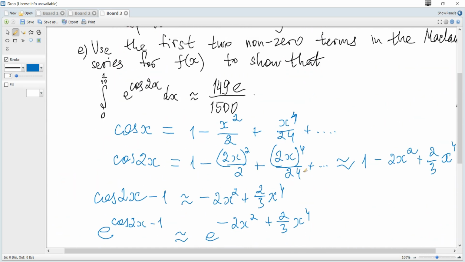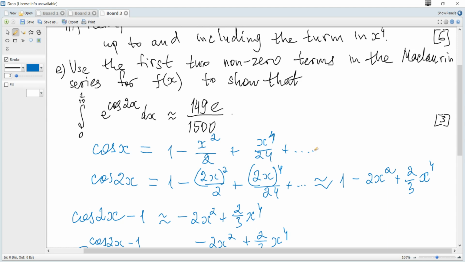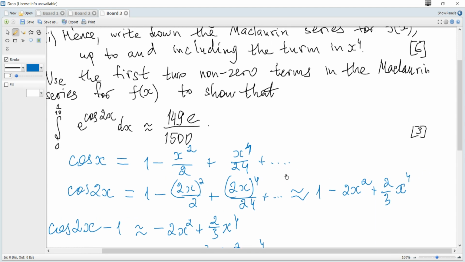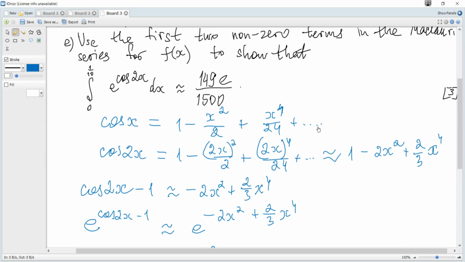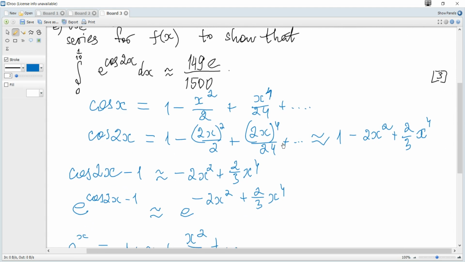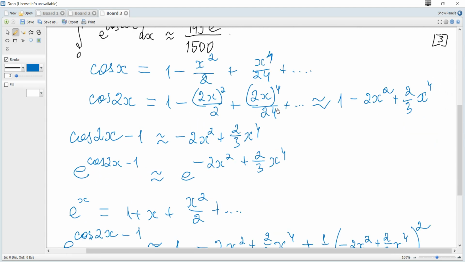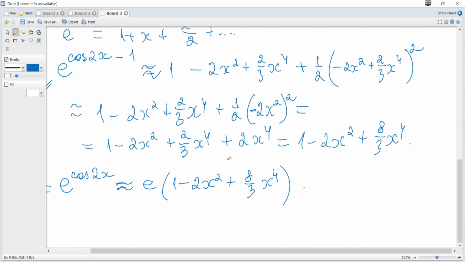Okay, next. Use the first two non-zero terms in the Maclaurin series for f of x to show that the integral is equal to, and the first two non-zero are these terms.